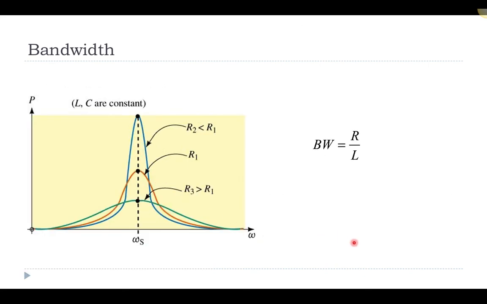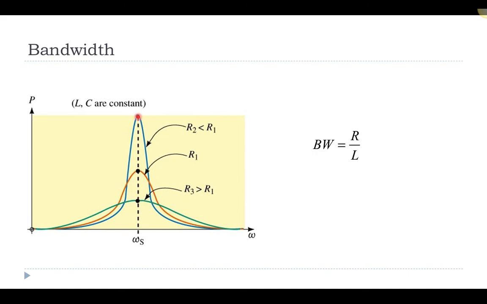Another way that we could change the bandwidth is if we kept the inductance and the capacitance in the circuit constant, and we just changed the resistance. So the bandwidth is the resistance over the inductance. So for larger resistance values, the bandwidth is larger, and for smaller resistance values, the bandwidth is smaller. But you'll notice in this circuit that even though we have the same resonance frequency, we don't have the same power.